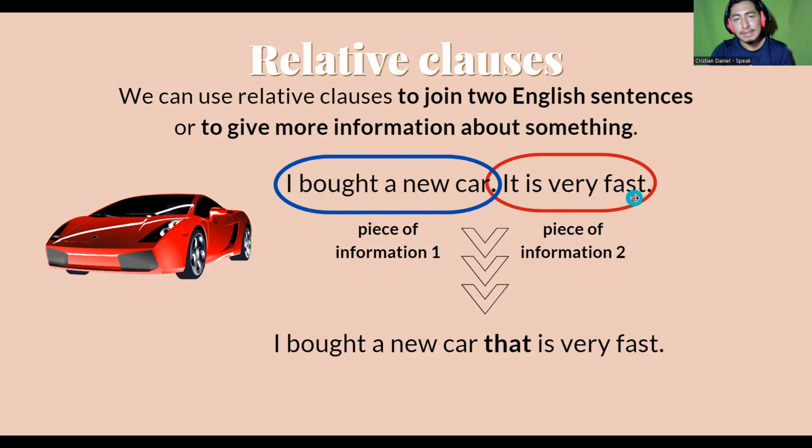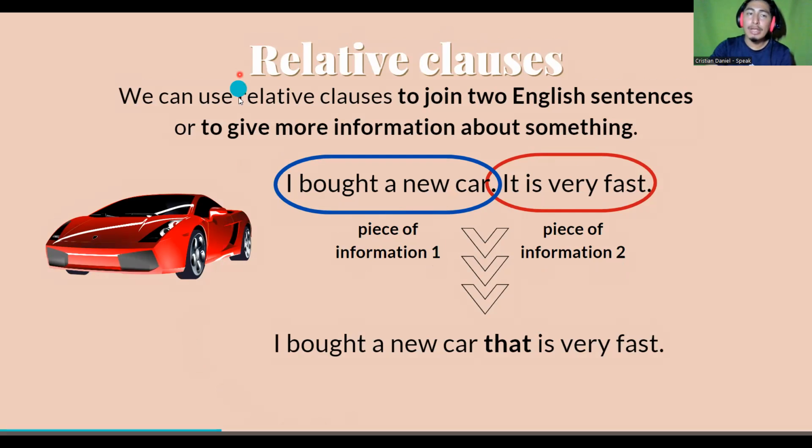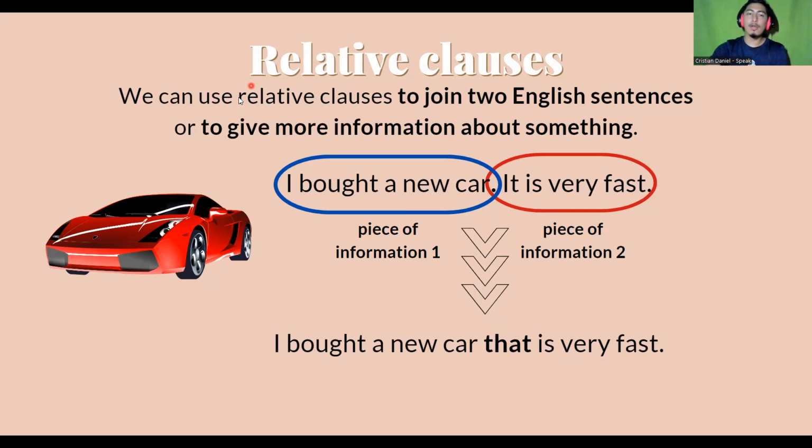It is very fast. So we have piece of information number one, and also piece of information number two, okay?